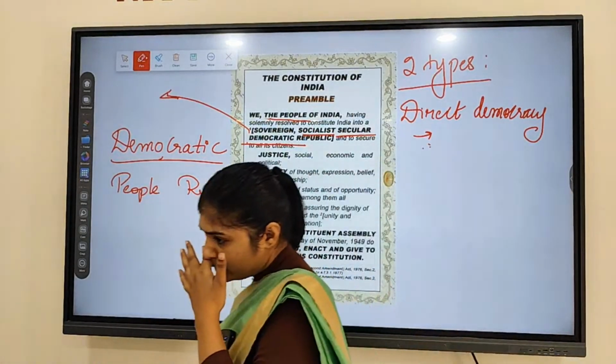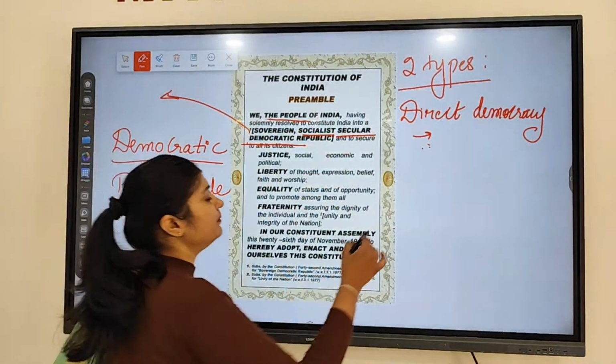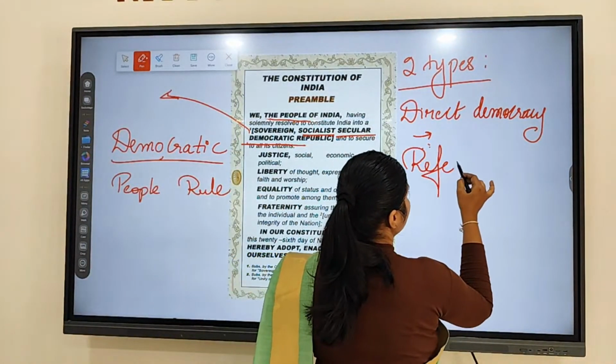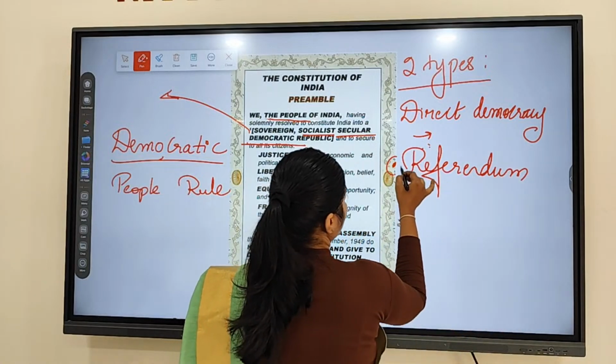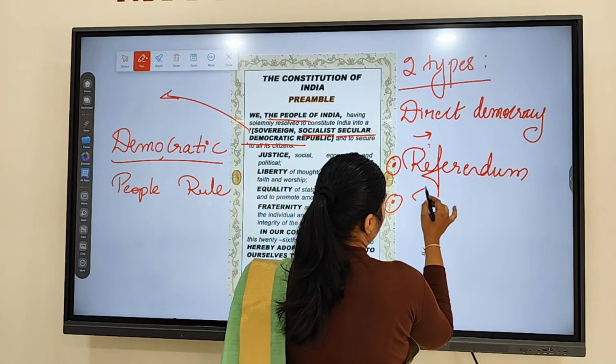Types of direct democracy. First one, referendum. Next one, initiative.